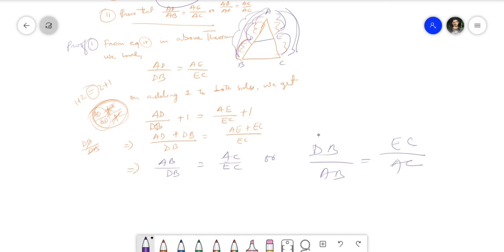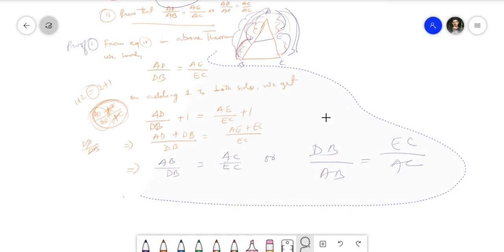Means AB by DB and AC by EC, these are all equal. Okay, so we'll do some problems based on this BPT, then you may understand it properly. Right now I'm just explaining the concept. So number 2 is also the same thing. We can do it like this only.